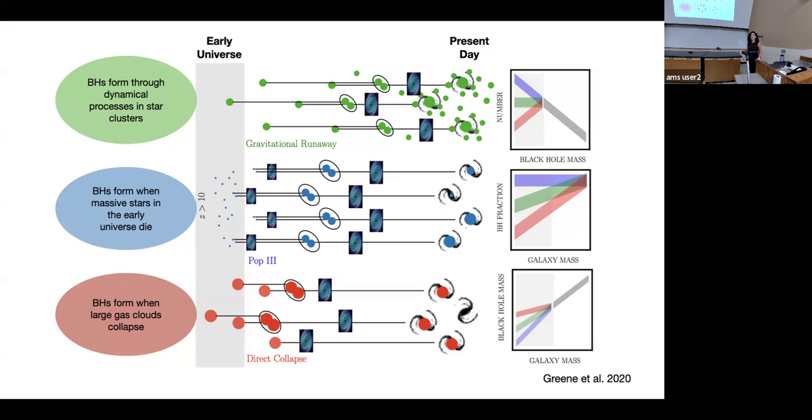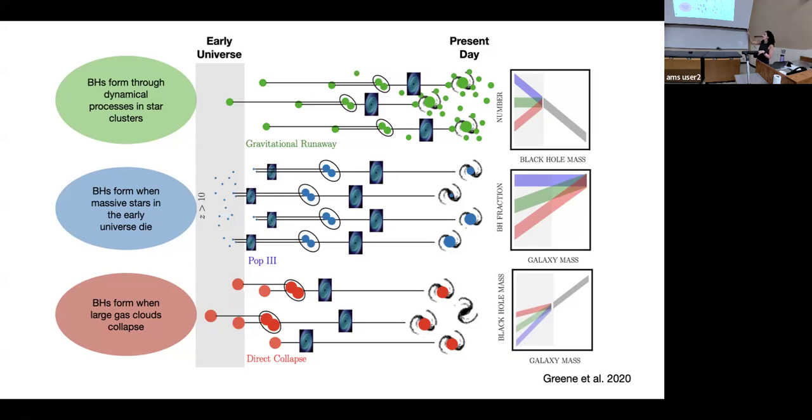In this case, we would start out with a black hole that was already maybe 10,000 times the mass of the sun. Moving up, we could also have the seeds for today's massive black holes form from the deaths of massive stars in the very early universe. This would be a more common process, but would leave behind a smaller initial black hole of maybe 100 times the mass of the sun.